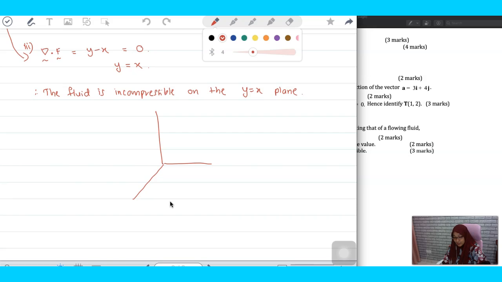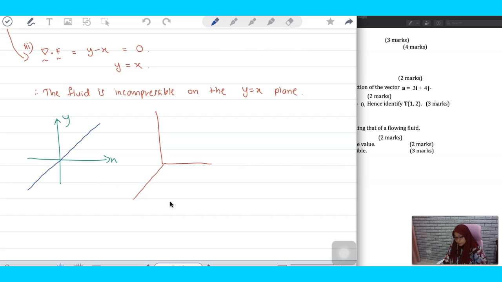You should provide the trace. So the trace on the y-x plane: y, x, and you have the line y equals x. x and y can be negative or positive. So now that is the trace, and then you convert to 3D.